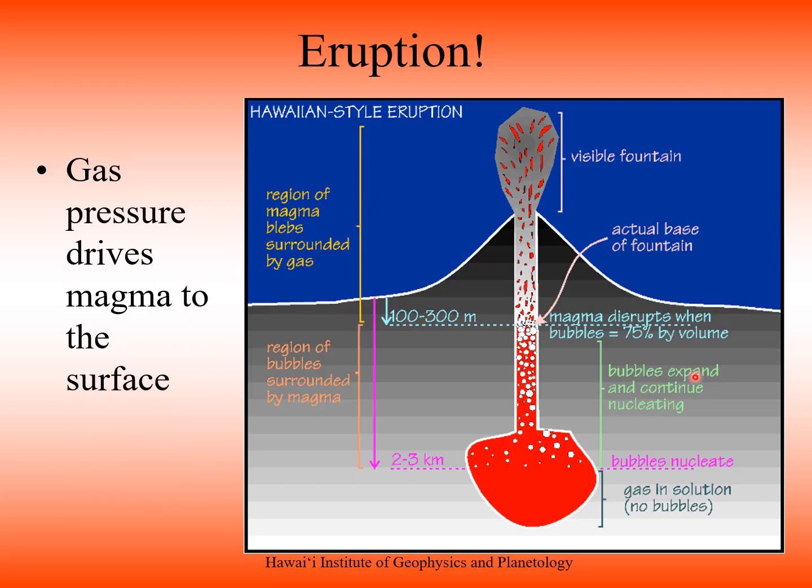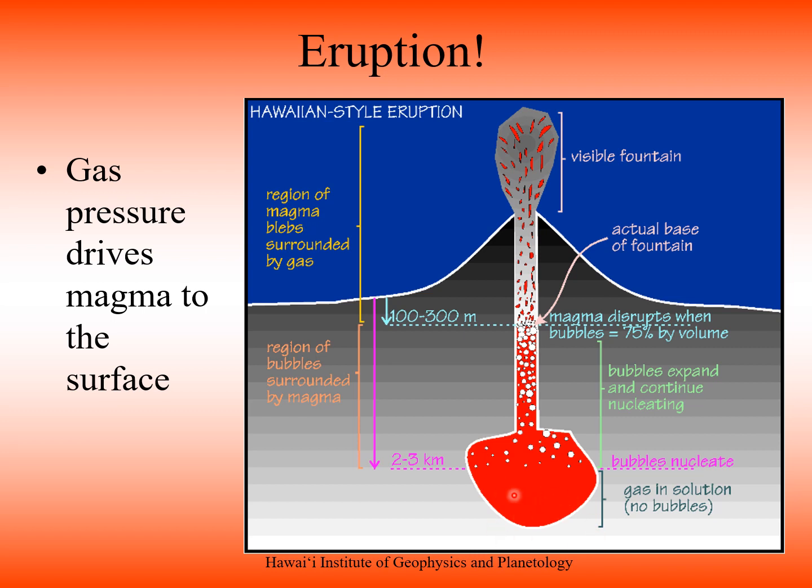So what drives eruptions? Mostly gas pressure in the magma. Down here at about 2 to 3 kilometers below that, the gas is dissolved in solution, but it's not water vapor yet, it's not carbon dioxide yet, it's not O2 yet, it's just single atoms of carbon, single atoms of oxygen, single atoms of, say, sulfur, just in the mix, but they're under so much pressure that they can't leave the mixture.